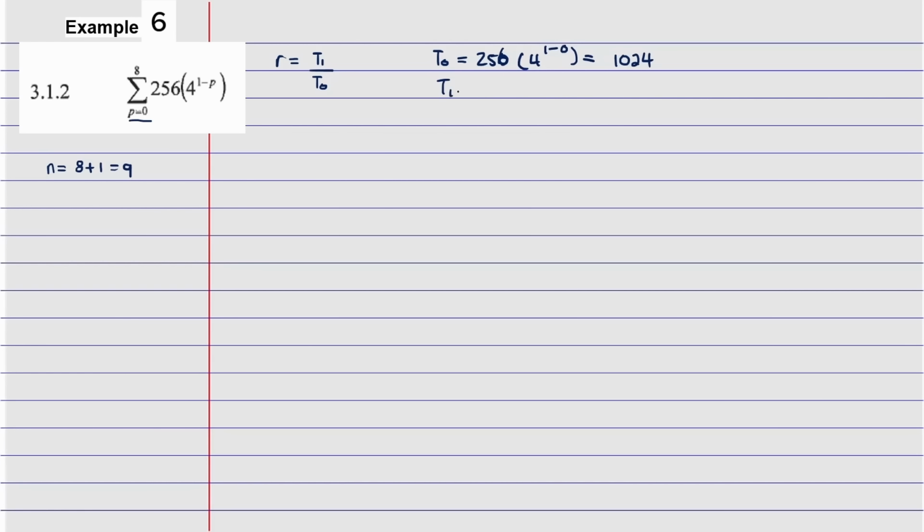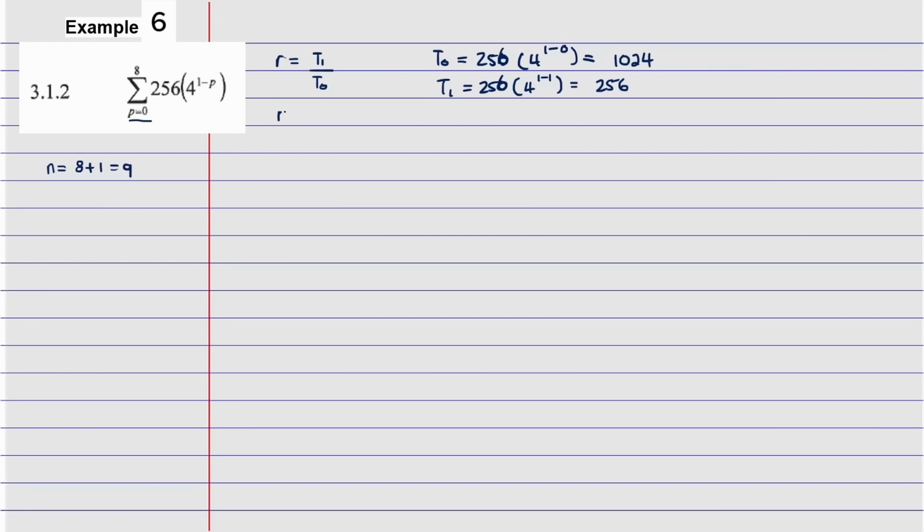Then t1 here is going to be equal to 256, then open bracket 4 to the power 1 minus 1, right? Punch that into the calculator, and it's going to be 256, right?